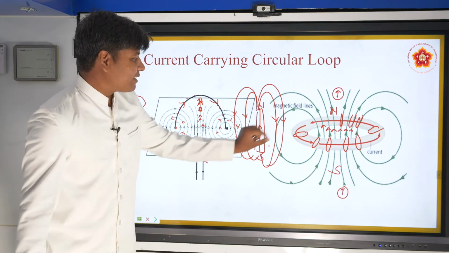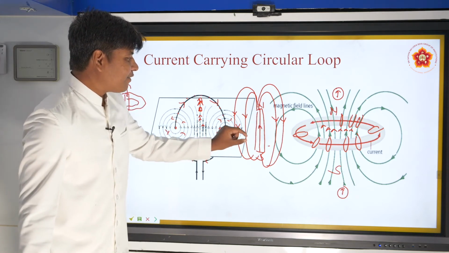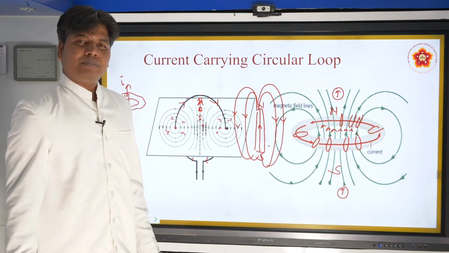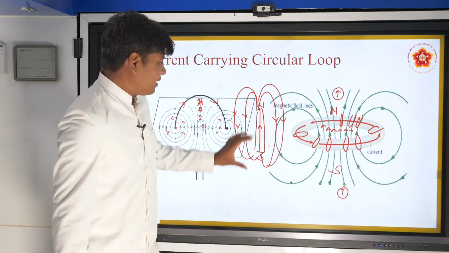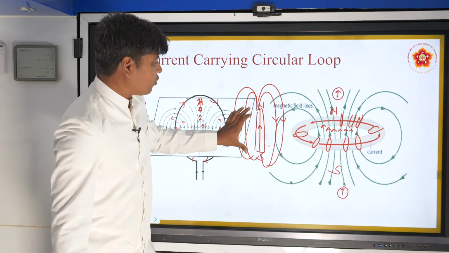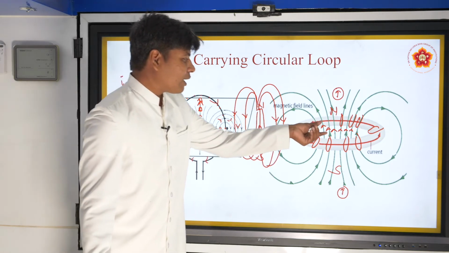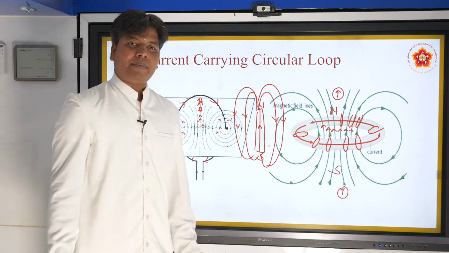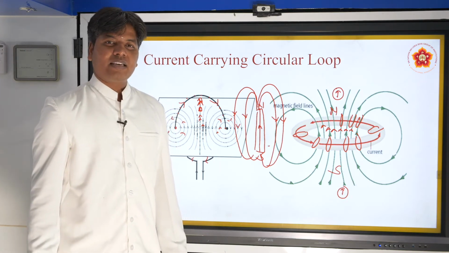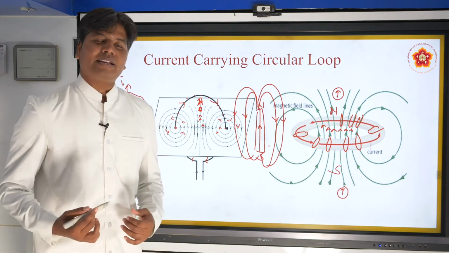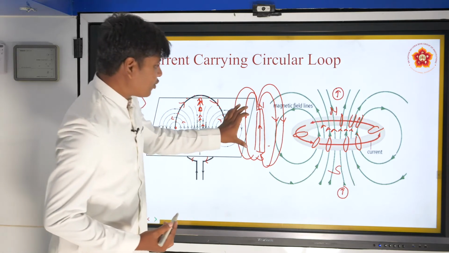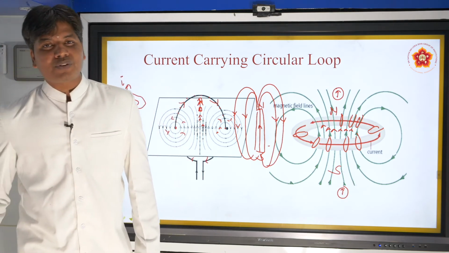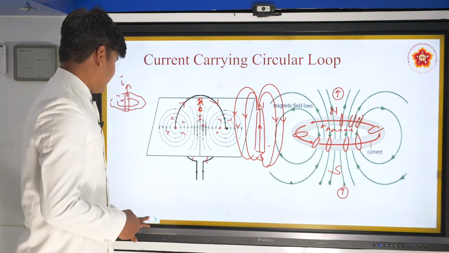But what is the difference here? The difference is that it has a very minute thickness. Between the north and south pole of a bar magnet you have so much thickness, but here you have very little thickness in comparison. If I want to increase the thickness of it, to have a full magnet, what should I do? Let us see.